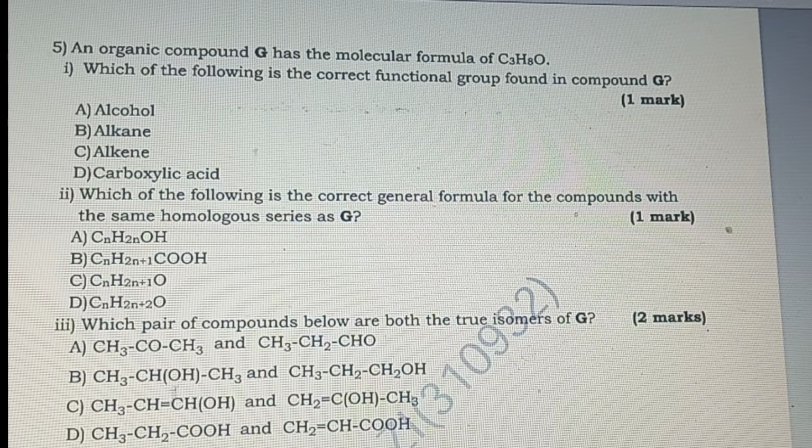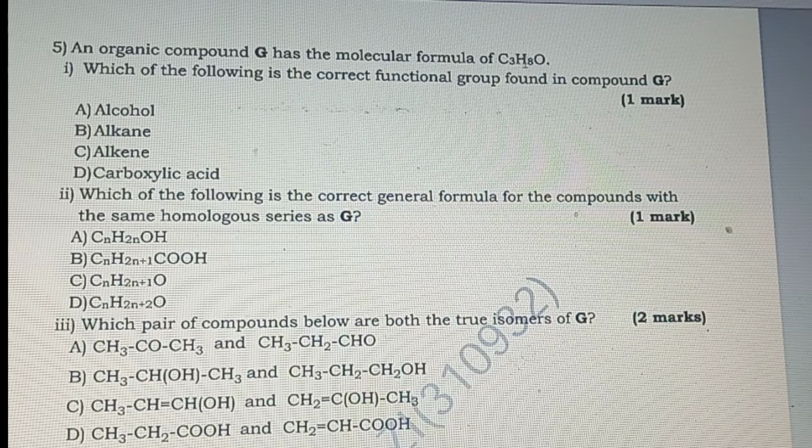The functional group OH is alcohol, and also here it is alcohol. Let's see the hydrogen: 3, 4, 5 plus 3 means that is 8. Let's see here: 3, 5, 7 plus this one is equal to 8. You see this isomer is correct.